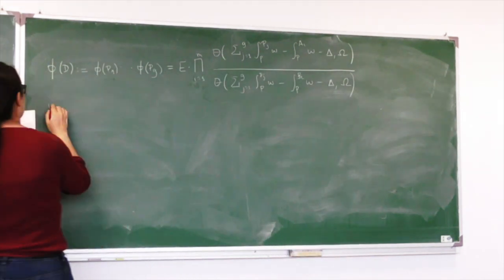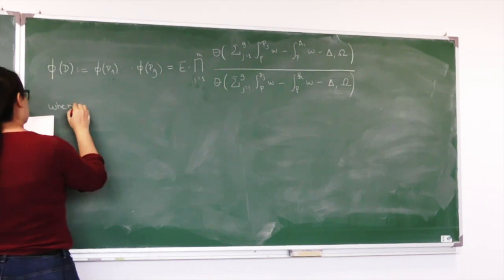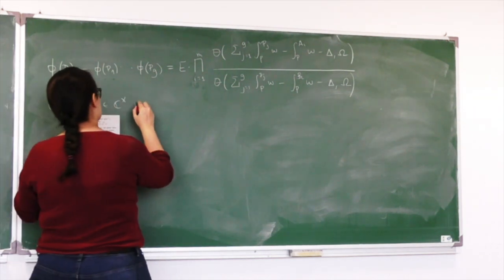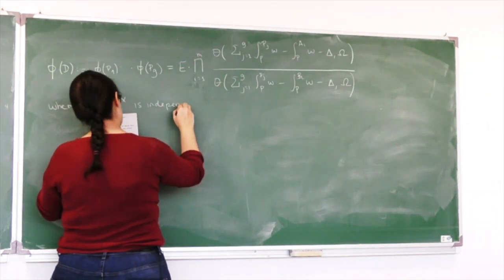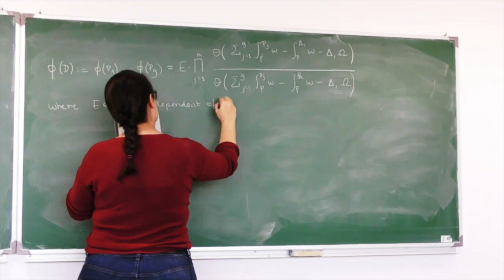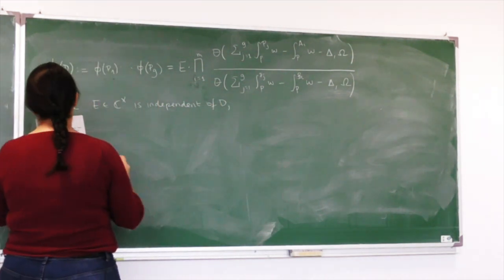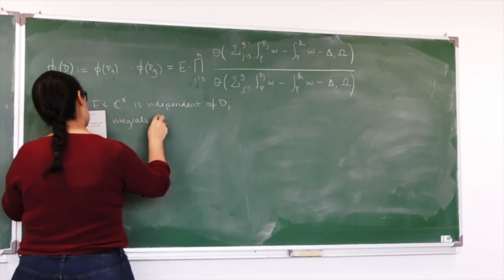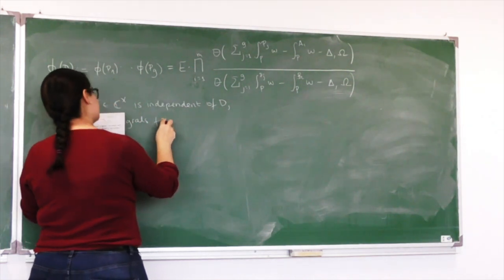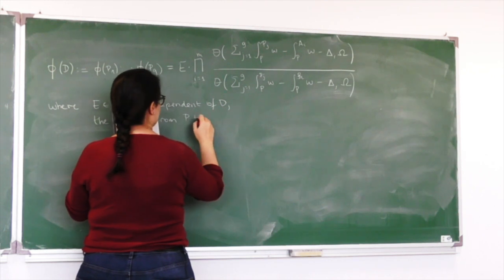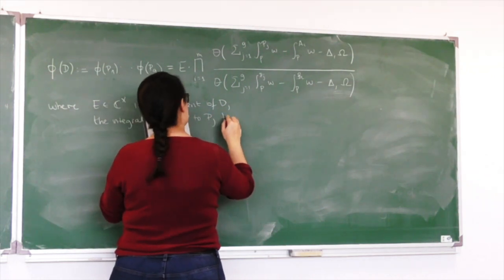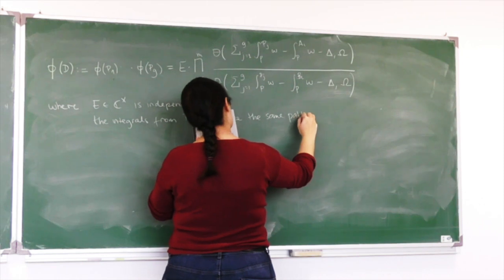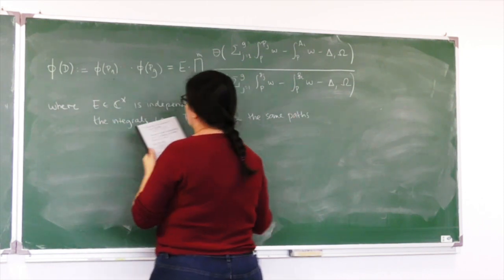Where, and let me define the notation that is new here, we have that E is an invertible, so a non-zero complex number, that is independent of D. And the integrals from P to P_j take the same path both in the numerator and the denominator.